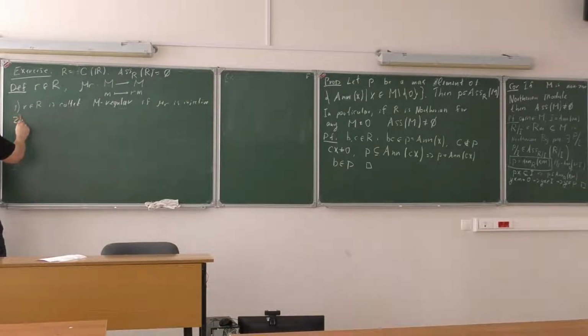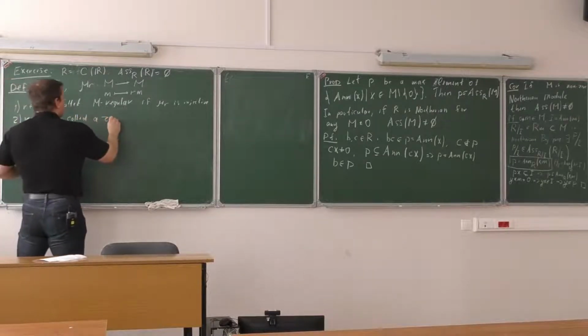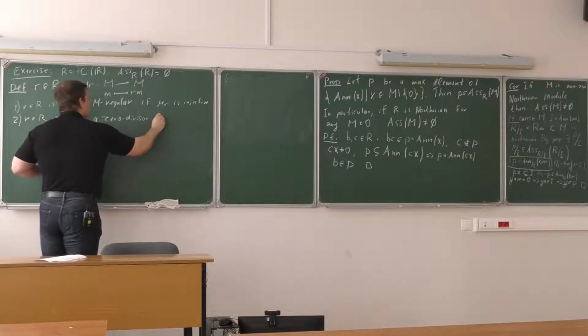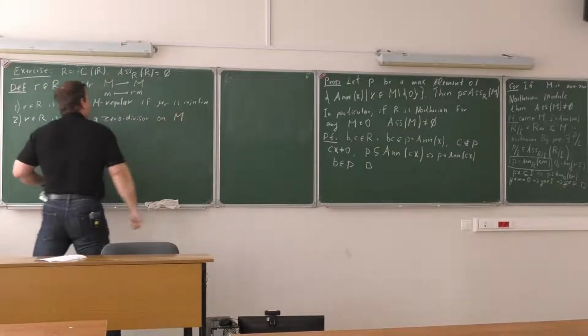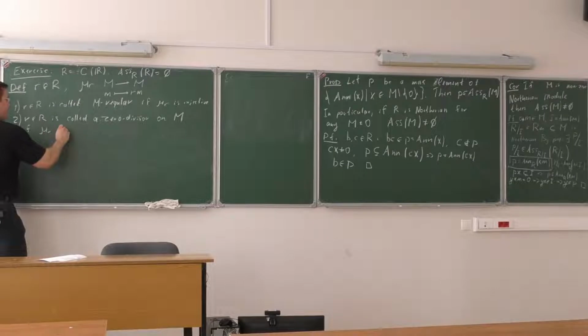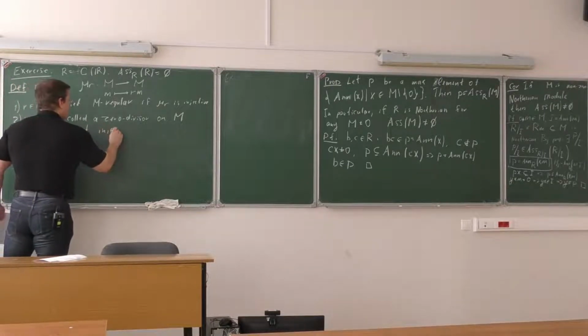And part 2, r is called a zero divisor on M if it is not regular, so if mu r is not injective.